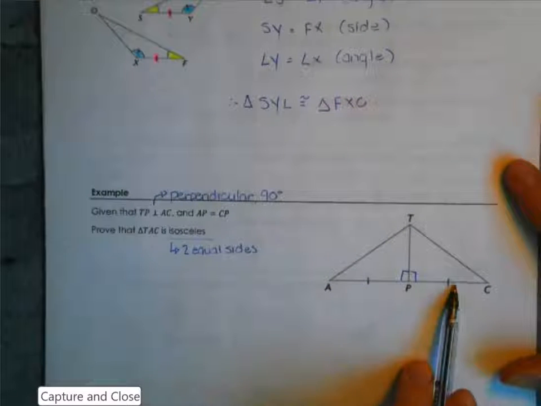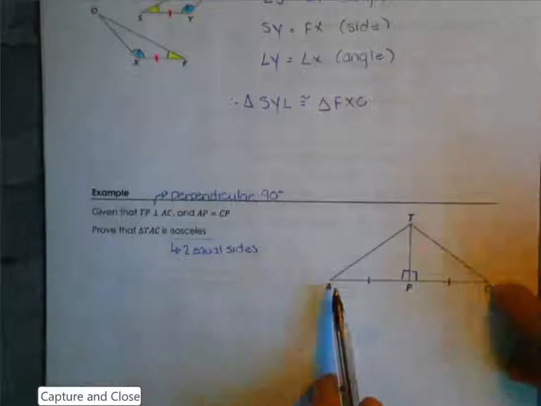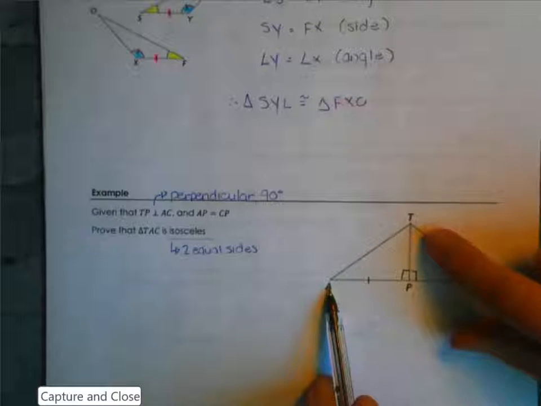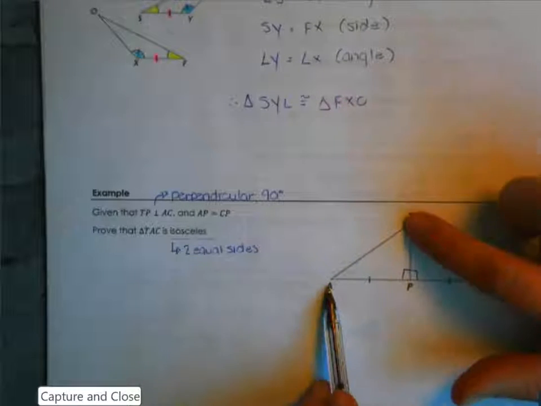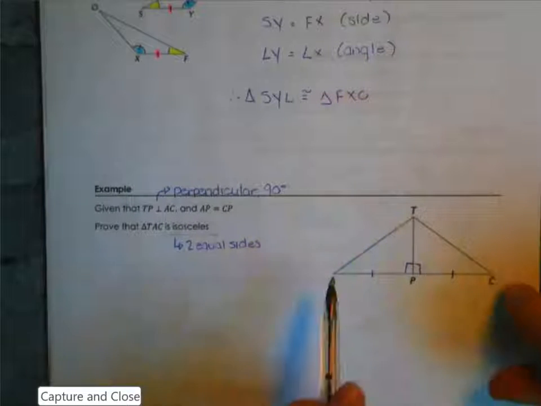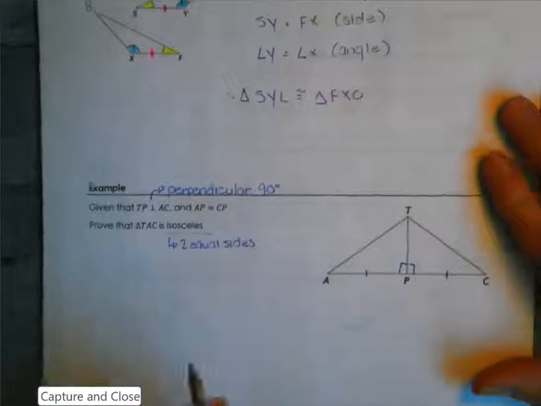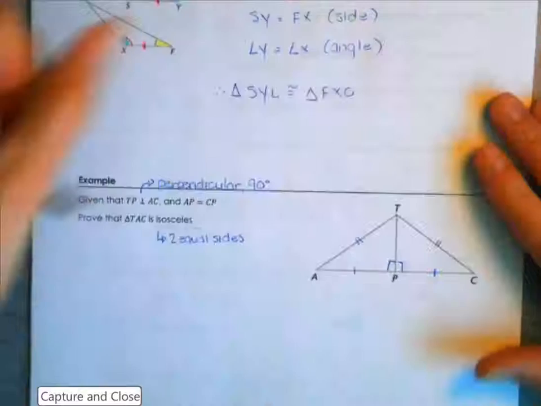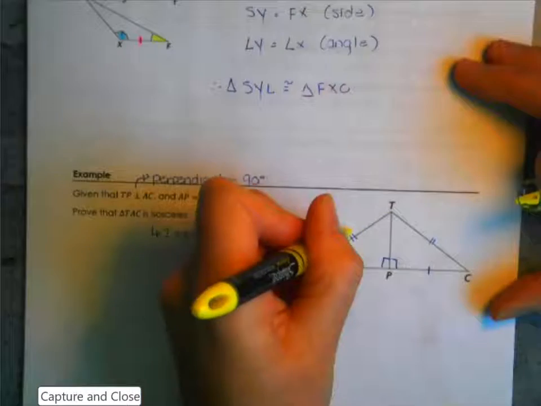Now, just by looking, it's probably pretty obvious which two sides you would want to say are the same. You wouldn't be saying this side AC is equal to TA here, but instead you would be saying TA is equal to TC, right? So with isosceles, it's usually pretty easy to see the two sides that you're trying to compare. So essentially, we want to prove that these two sides are equal to each other.